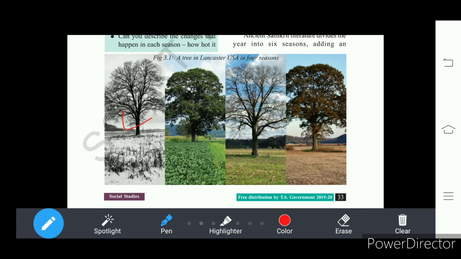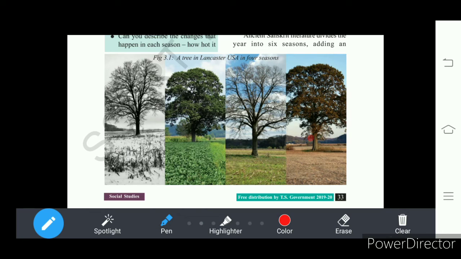So from the first to the third picture there's a lot of difference, and between the third and the second we also find differences, right? Then next, if you see the last picture, the leaves of the trees are somewhat shed, and some leaves are falling from the tree, down, right?